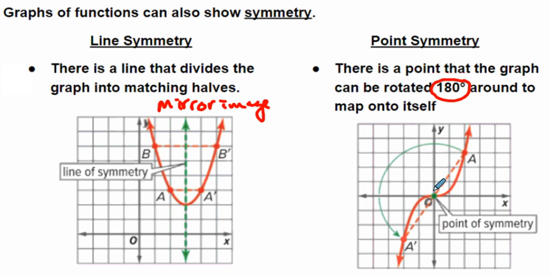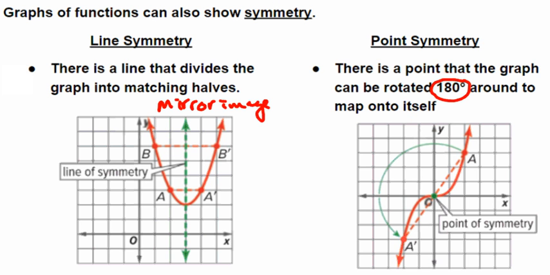And that's really interesting if you think about that. If something has point symmetry, you'll be able to do that, and you'll be able to see it. Now, if it can't do it in 180 degrees, then it does not have point symmetry, right? Because obviously every graph you can spin 360 degrees around, and it will map onto itself again, but that's not what we're talking about.